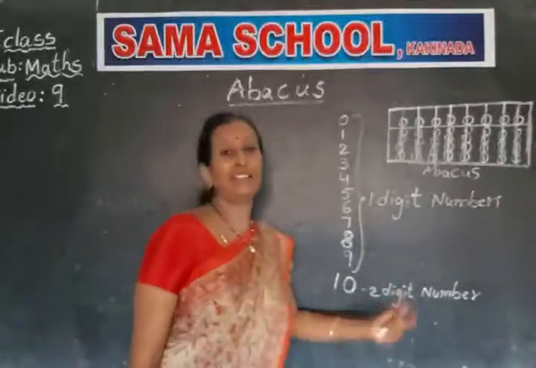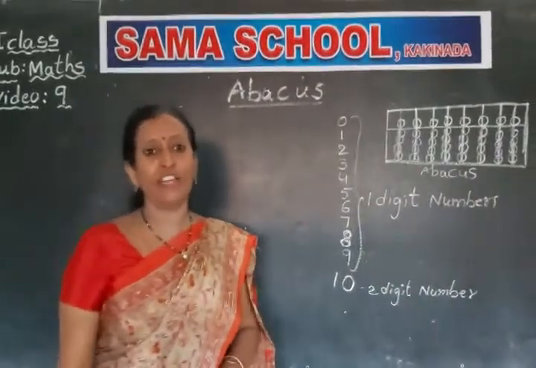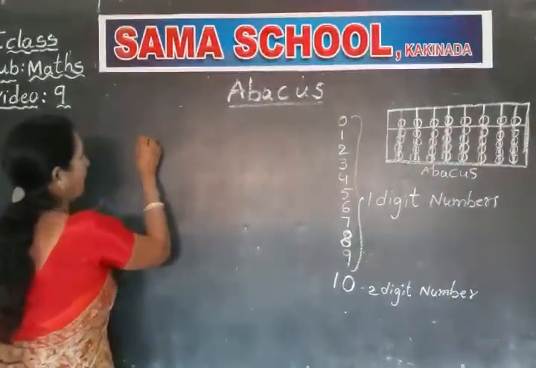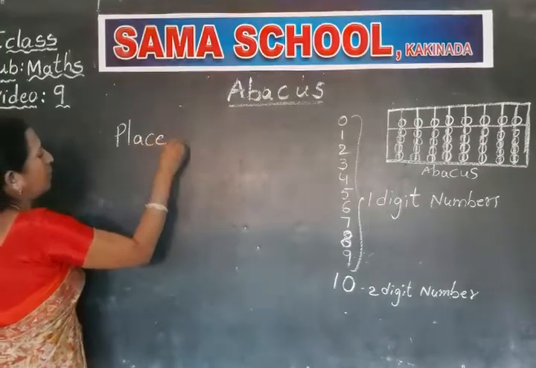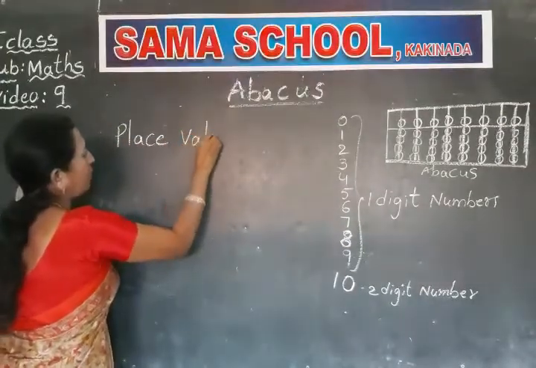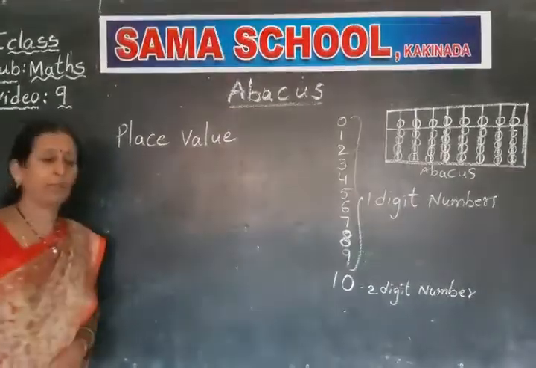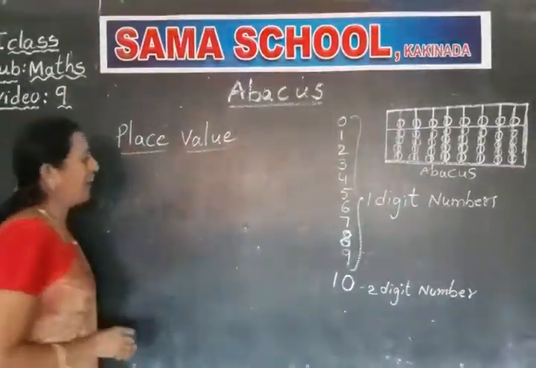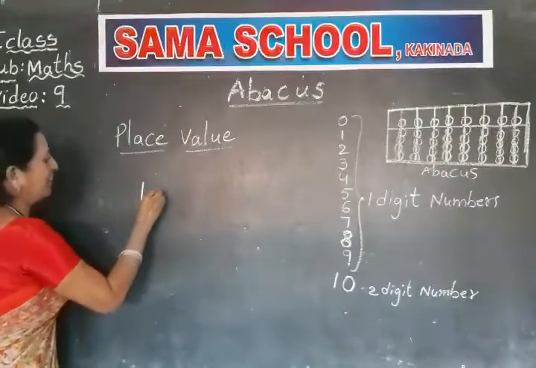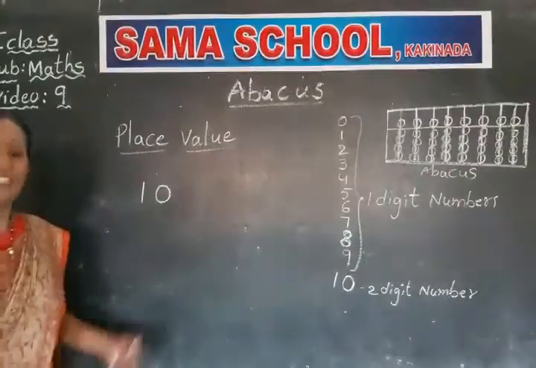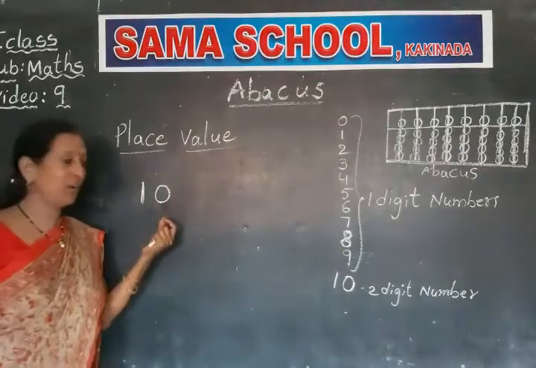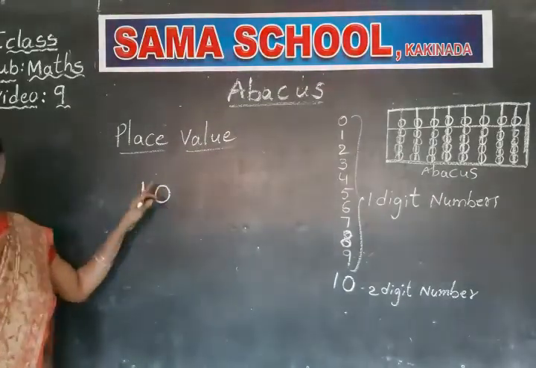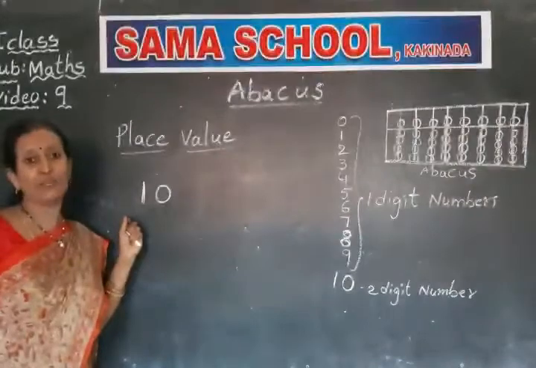Now I'll tell you the place value of the numbers. Here I am giving the 10. Here 1 and here 0. So the 0 is in which place and the 1 in which place?